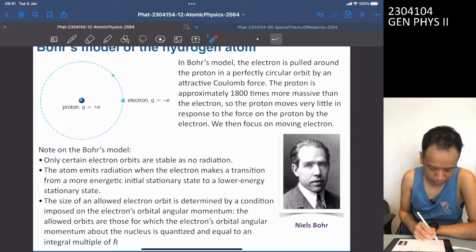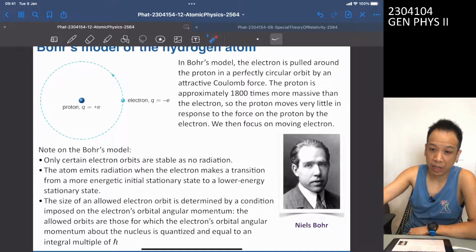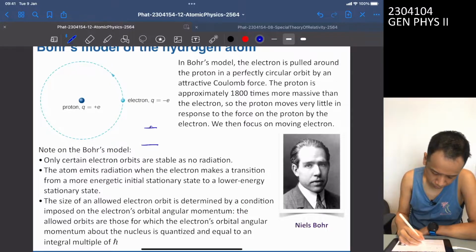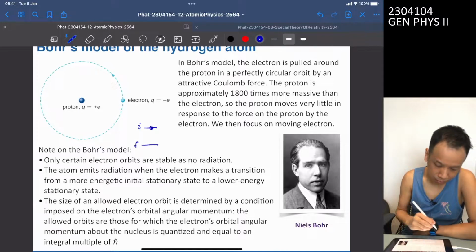The second one is that the atom emits radiation when an electron makes a transition from a more energetic state to a lower one. Let's imagine you have the states of the electron. This is a state I, and this is a state F, which is lower.